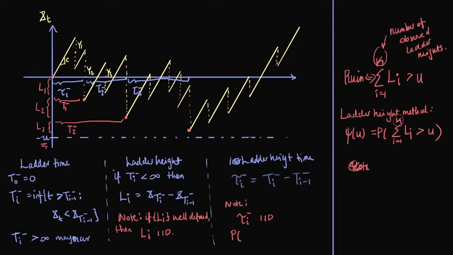So the inter-ladder height time is in fact also the same as the amount of time it takes for a Cramér-Lundberg process starting in 0 to achieve ruin. And therefore, the probability that this inter-ladder height time is finite is also equal to the probability that ruin will occur in this Cramér-Lundberg process if the initial capital had been 0.